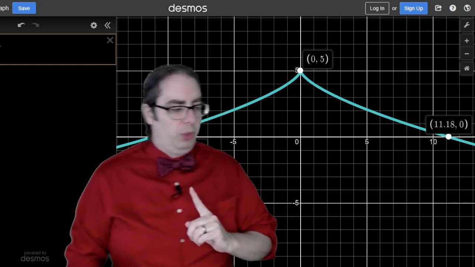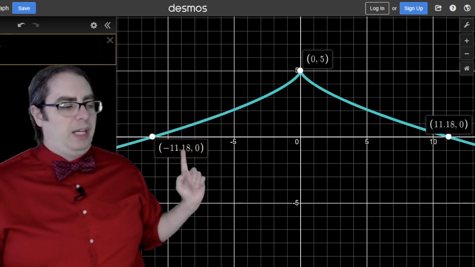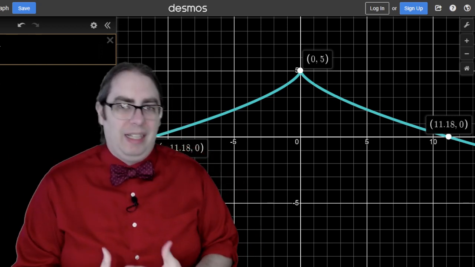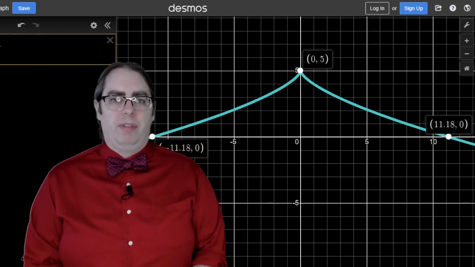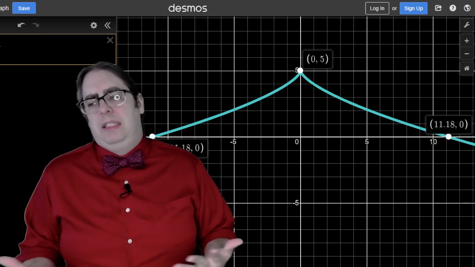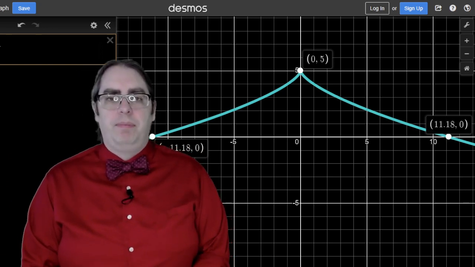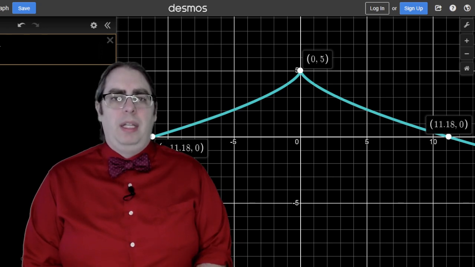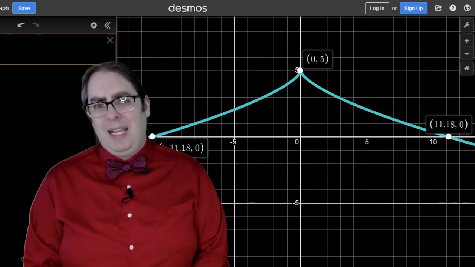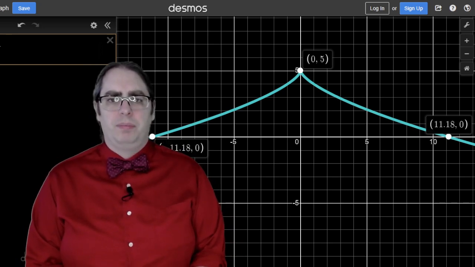There it is, right behind me here, this negative 11.18. I know that that is exactly negative 5 times the square root of 5. Is that actually helpful? Is that useful? I don't know. But it is something, it exists, we can think about it, and that counts for more than a little.